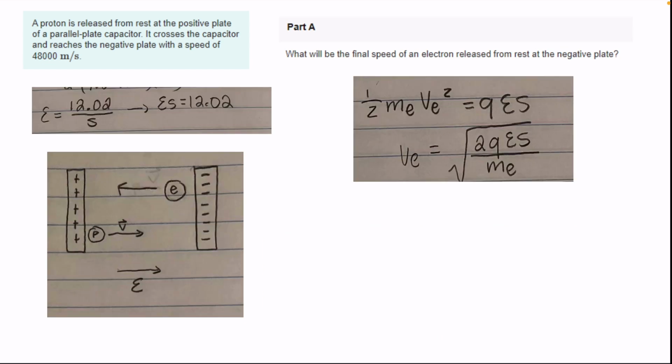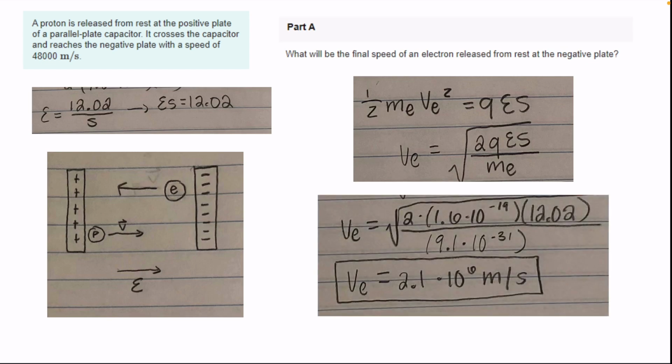So we can apply this number to our equation where we're going to be looking at the velocity of the electron. So moving on to that, once again, we're going to be using that mechanical energy concept where we can set the kinetic energy equal to the electric potential energy. But now we're solving for the velocity. So we get that the velocity of the electron is square root 2QES over m_e, the mass of the electron. So yay, we have ES right in the equation where we can substitute really easily. And we do have the other values, Q and m_e.